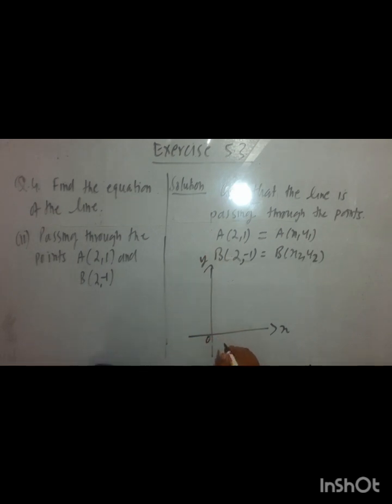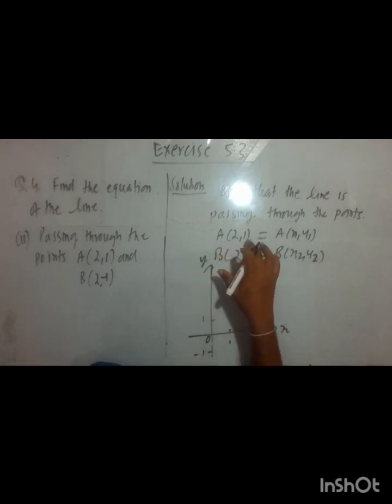Now this is 0, 1 and 2. So x1 and x2 are given 2. Okay, and now y1 and y2 are 1 and minus 1. So this is 1 and this is your minus 1.